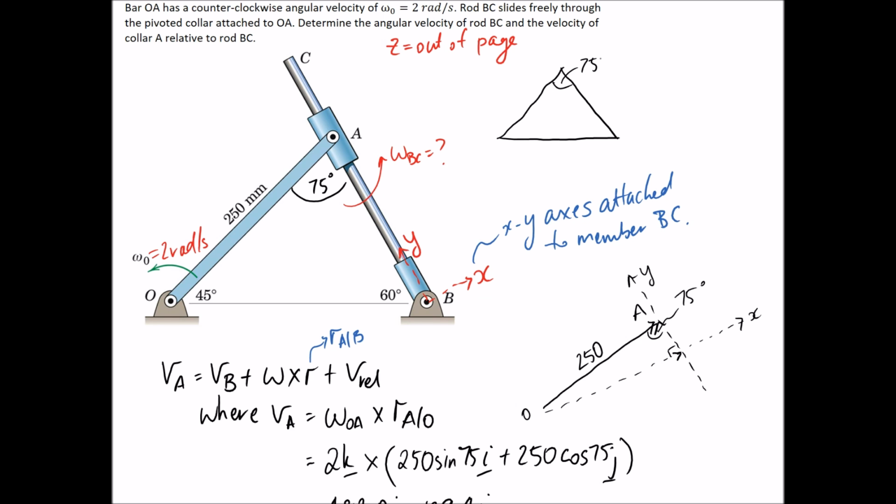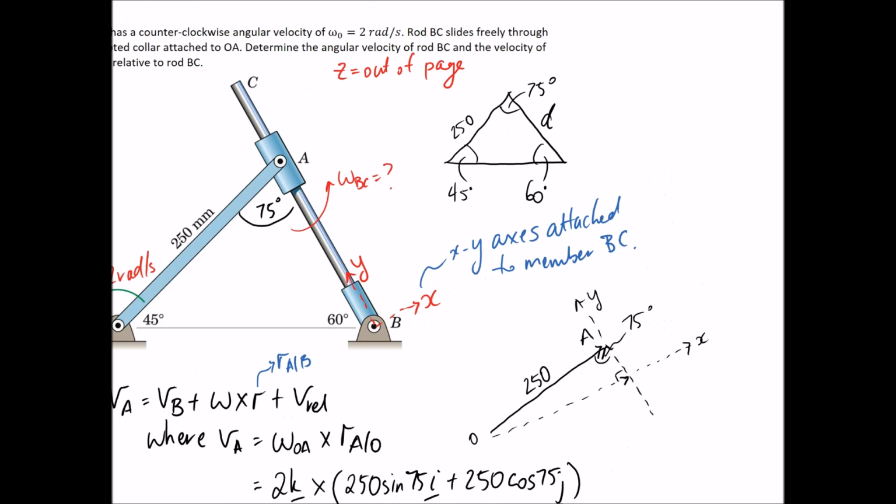So we know this is 75, we know this is 45, we know this is 60, and we know this one is 250 millimeters. So what we need to do is work out this distance in here, because that's basically going to be our radius that we're looking for. So this is not a right angled triangle, obviously, so that means we're going to need to use either the sine or the cos rule to determine the distance d.